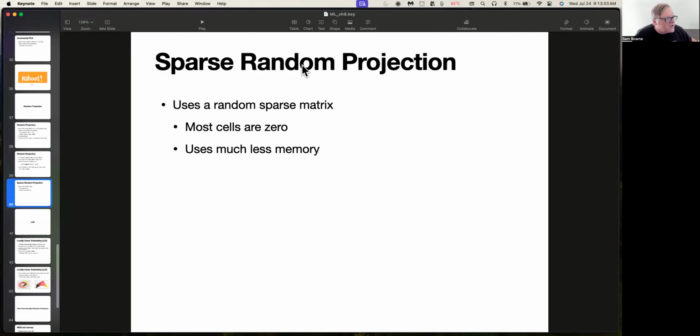You can do sparse random projection, where you choose random axes that go along your original parameters, so you make sure most cells are zero. So you don't just choose a random hyperplane, you choose a random hyperplane that is mostly going along most of the axes, so most of the cells are zero. That will make the calculation faster and use less memory.